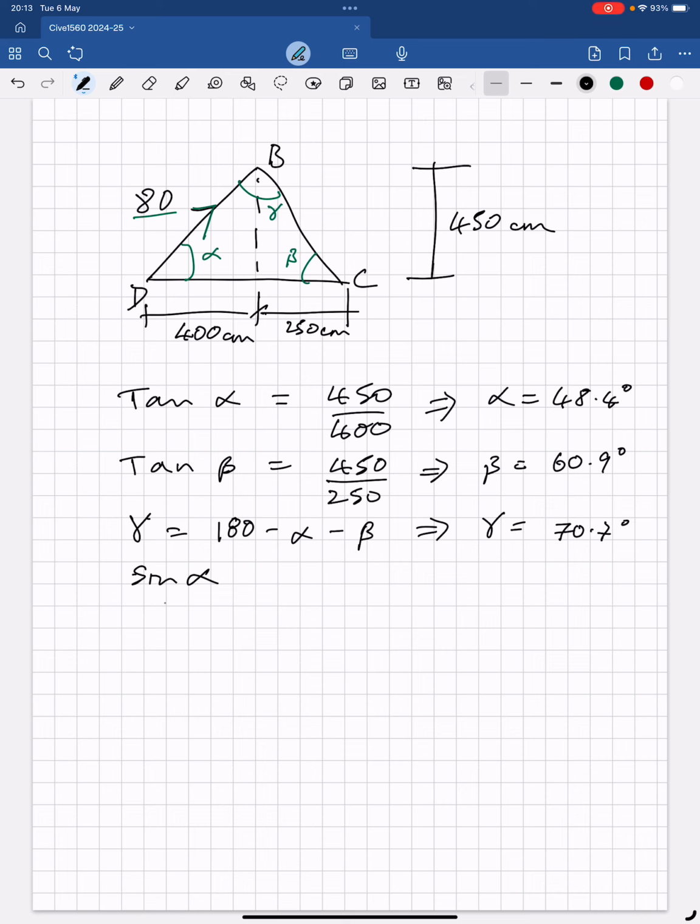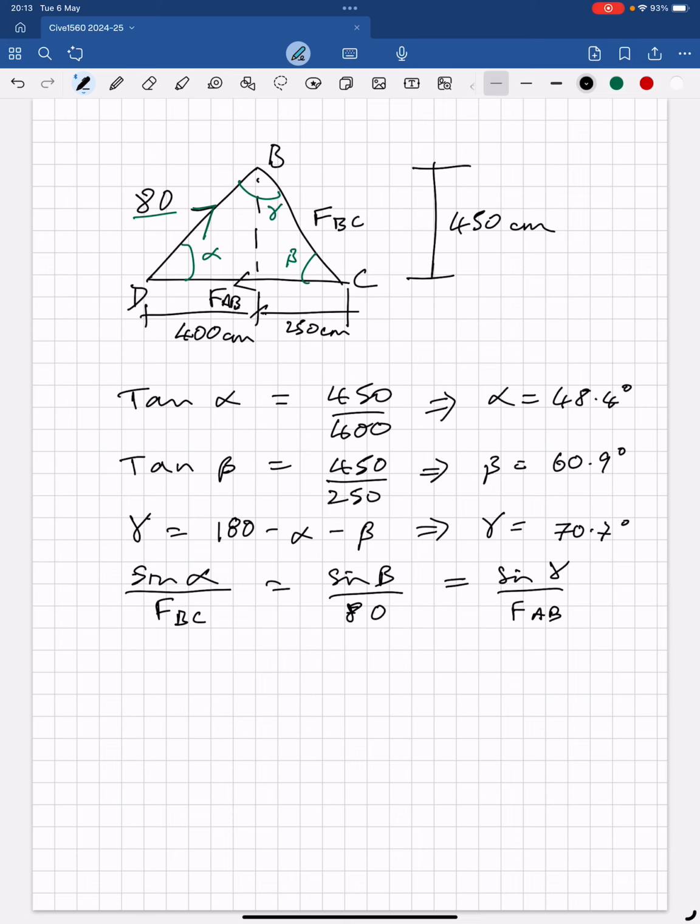Sine alpha over FBC, and I'll call that FBC, is equal to sine beta over 80, which is equal to sine gamma over, and I'll call this FAB because that's the label on the original diagram, FAB.